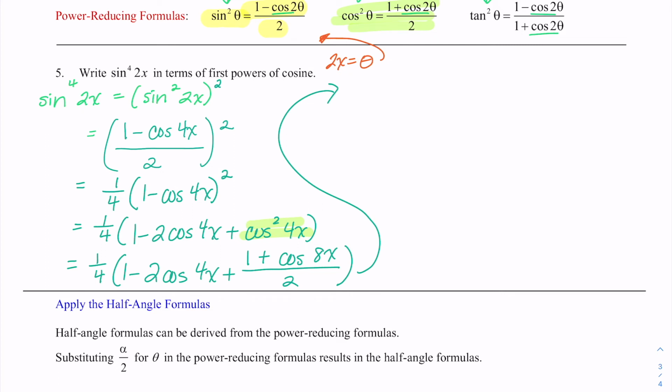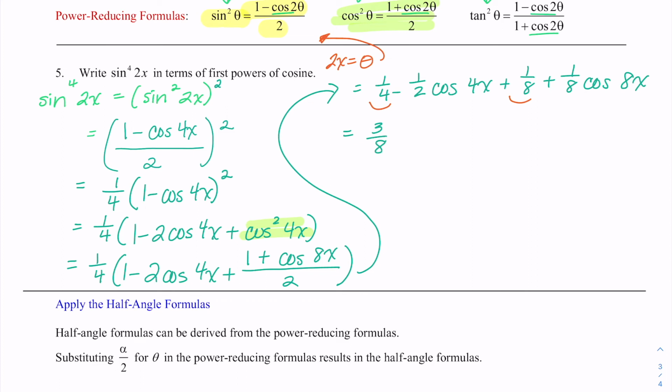Okay, so now we'll go ahead and distribute that 1/4. So we will have 1/4 minus 1/2 cosine of 4x plus 1/8 plus 1/8 cosine of 8x. Okay, combining our like terms, there's a like term, there's a like term. So 1/4 plus 1/8, we have 3/8.